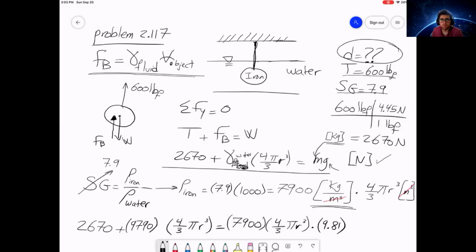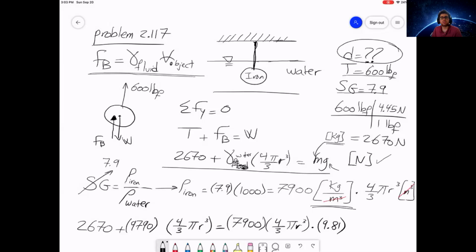Here, the density of iron, when you found SG, isn't SG given in the problem, 7.9? You have that using the density of iron over water to find the density of iron?